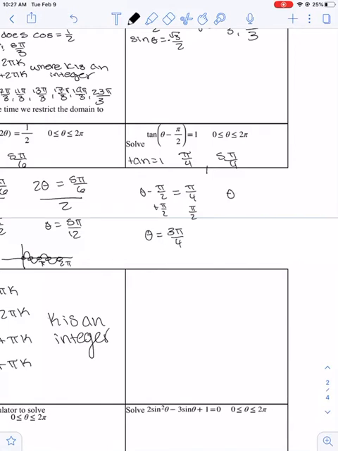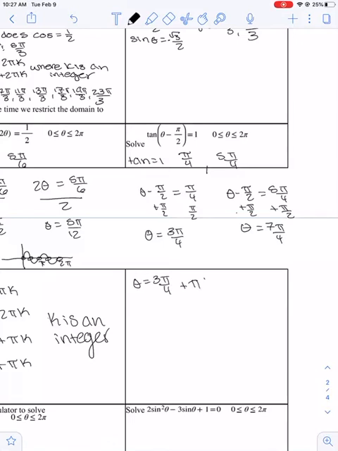And then we have theta minus pi over 2 equals 5 pi over 4. We're going to add the pi over 2 to both sides. We get theta equals 7 pi over 4. So making our equations, remember the period for tangent is pi.